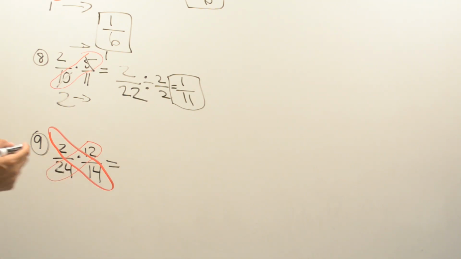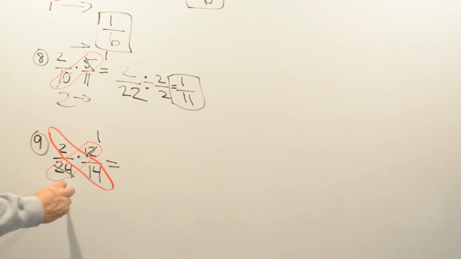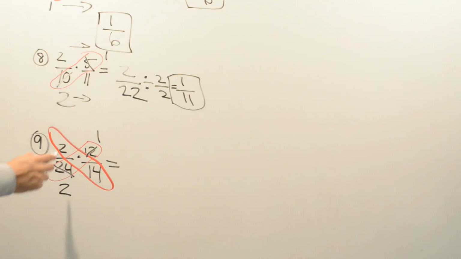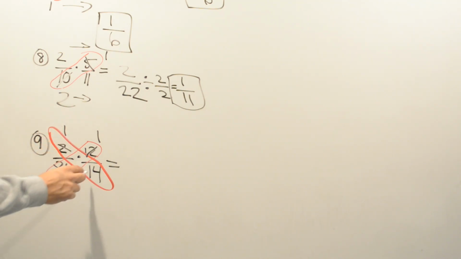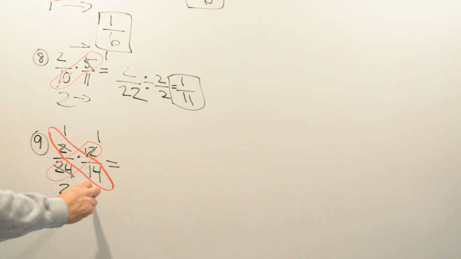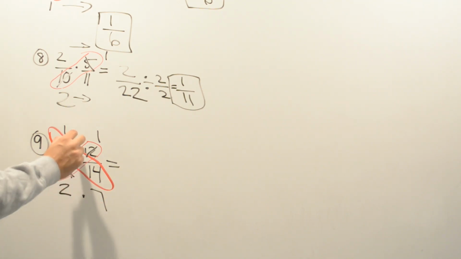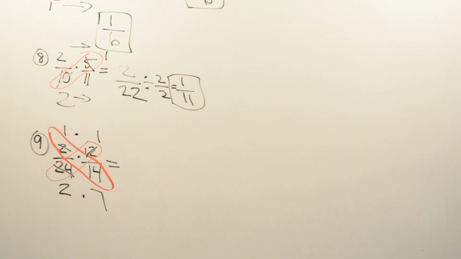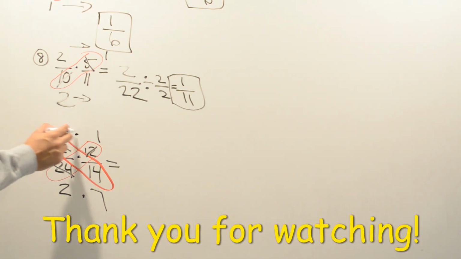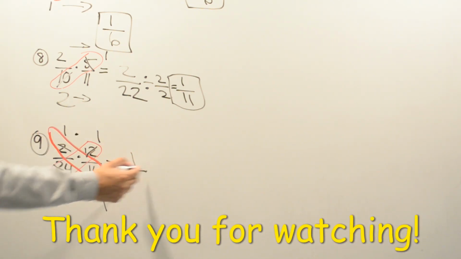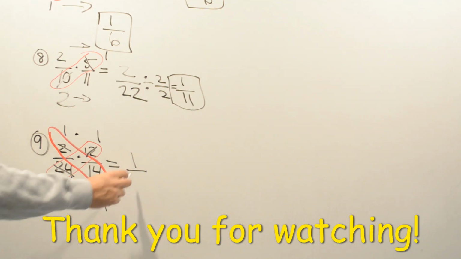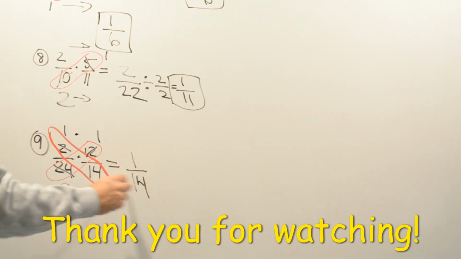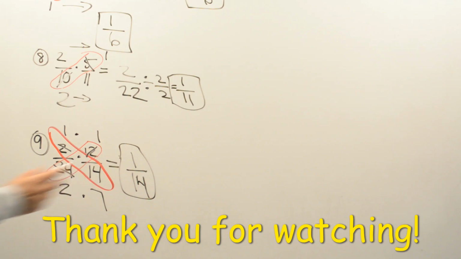So 12 goes into 12 one time, 12 goes into 24 2 times, and then 2 goes into 2 one time, and then 2 goes into 14 7 times. So once again, we're just going to multiply straight across. 1 times 1 is 1, and 2 times 7 is 14. We cannot simplify any more, so our answer is going to be 1 over 14.